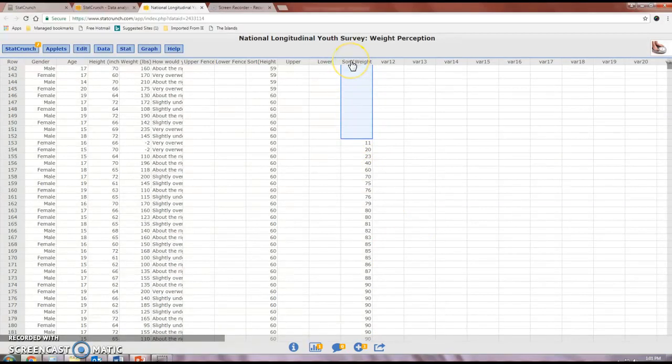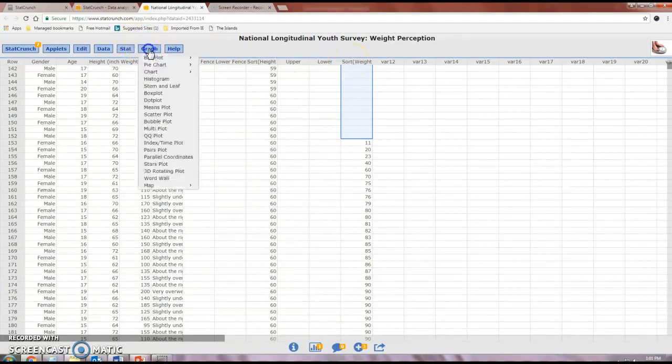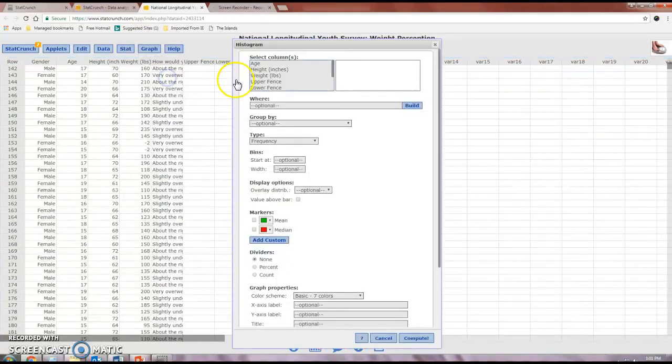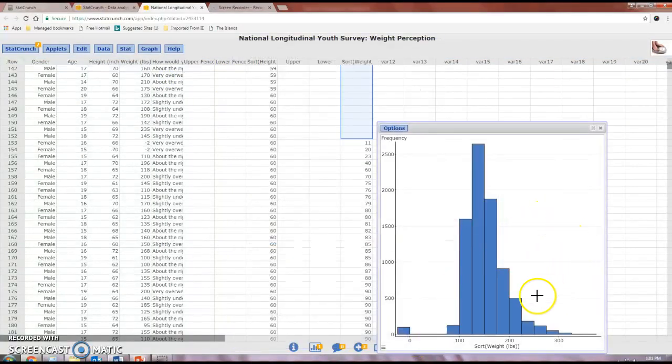The sort weight. I'm curious what the histogram on the sort weight looks like. Yeah, I think maybe even more symmetric there. And let's see what that does to the average.